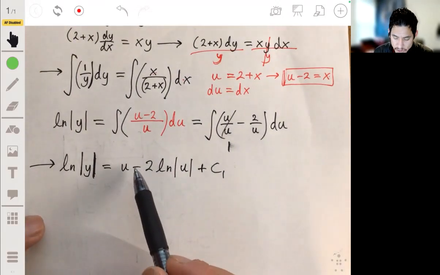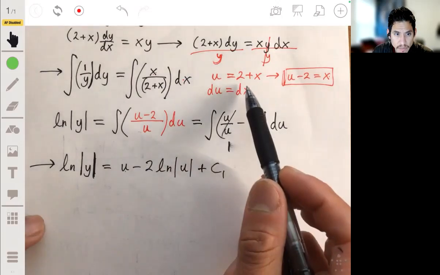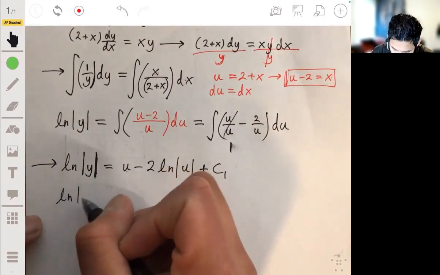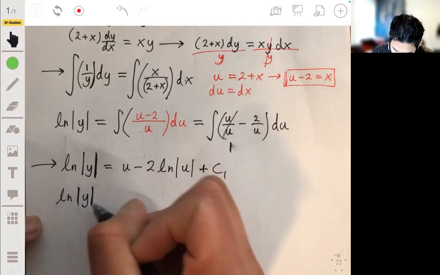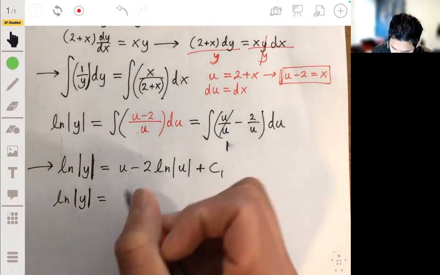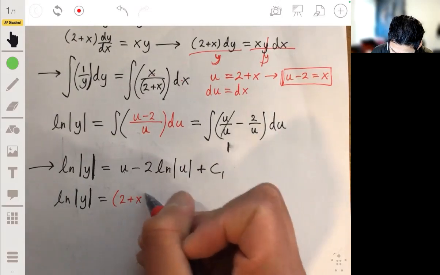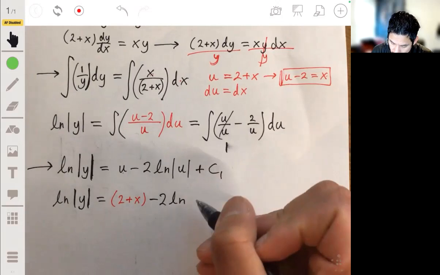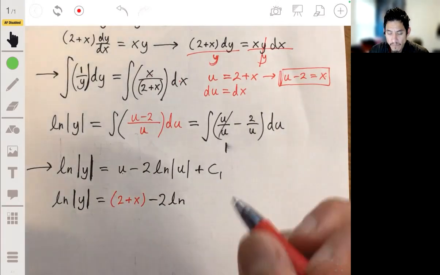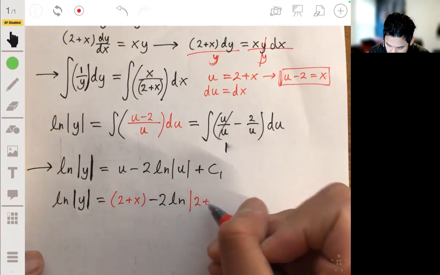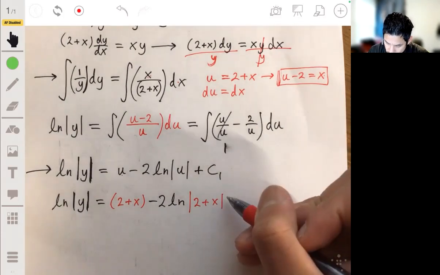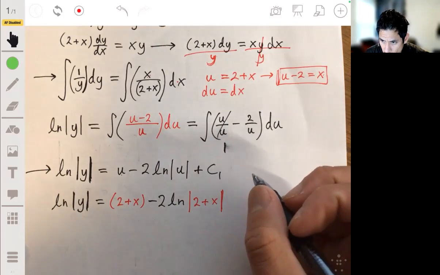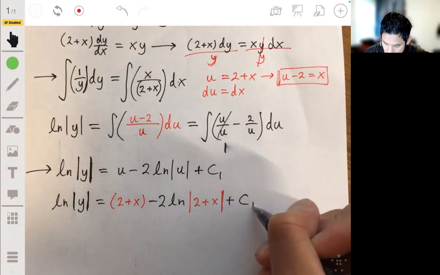And then let's resubstitute 2 plus x in for u. So we have the natural log of the absolute value of y being equal to 2 plus x minus 2 times the absolute value of 2 plus x plus c1.